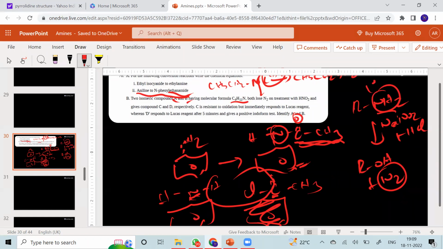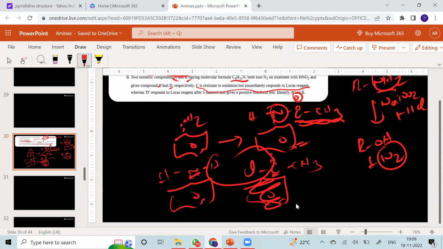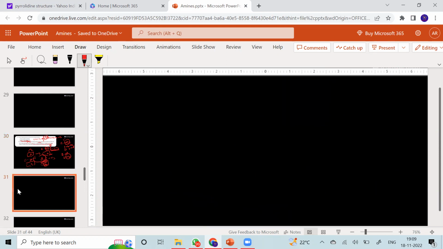A is reacting with HNO2 to give C, and B is reacting with it to form D respectively. C is resistant to oxidation, but immediately responds to the Lucas test. So now C is resistant to oxidation. We know the capacity of undergoing oxidation also. Primary ROH can be easily oxidized.